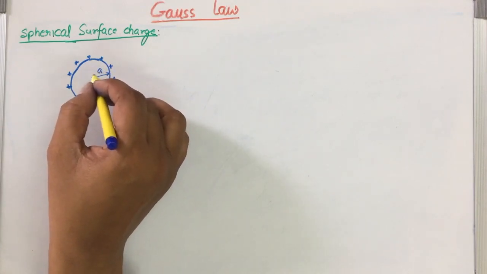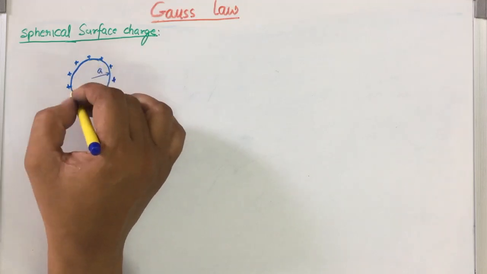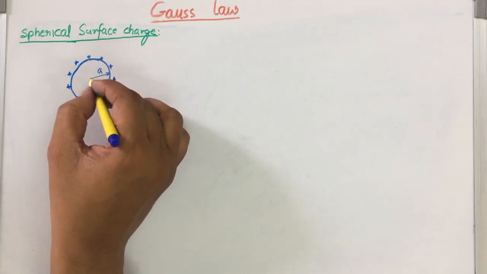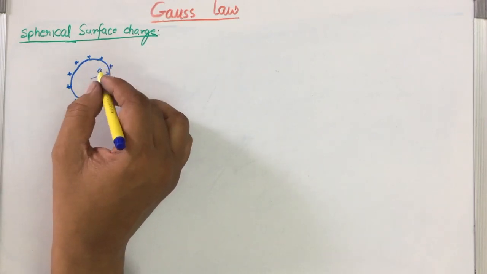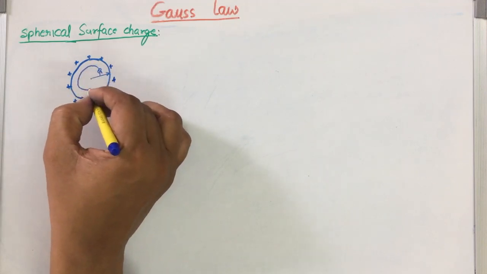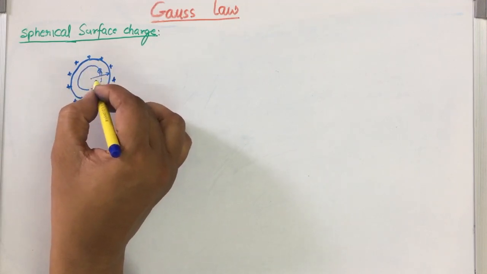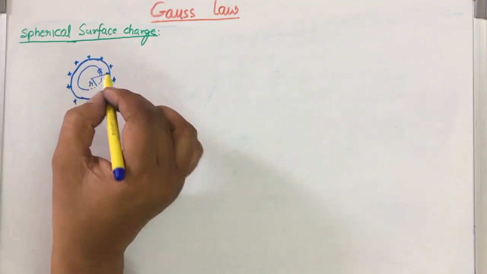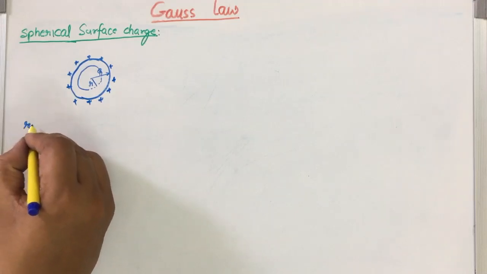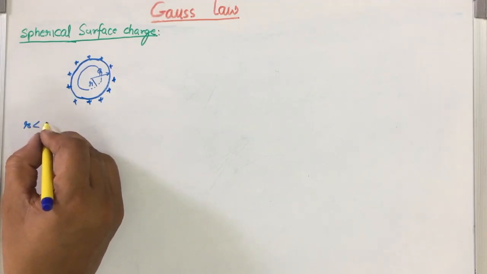Now let us consider the cases of the electric field inside the sphere, at the sphere, and outside of the sphere. Inside this sphere, just consider a surface of radius small r, so r is less than a.